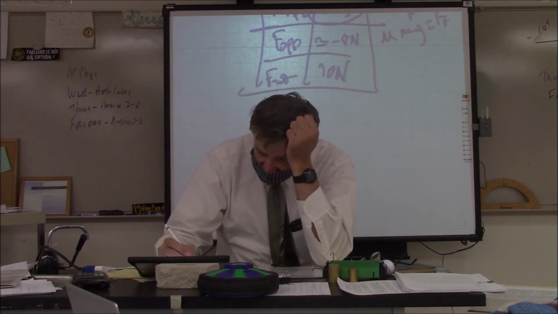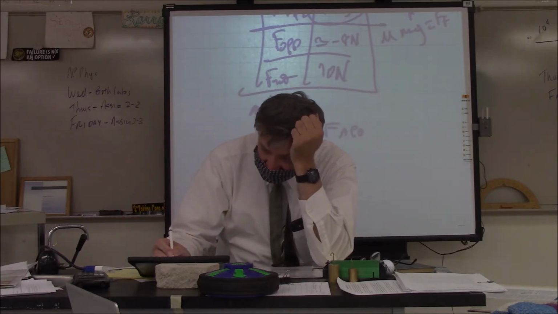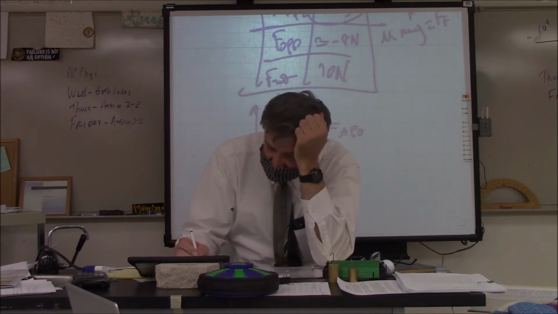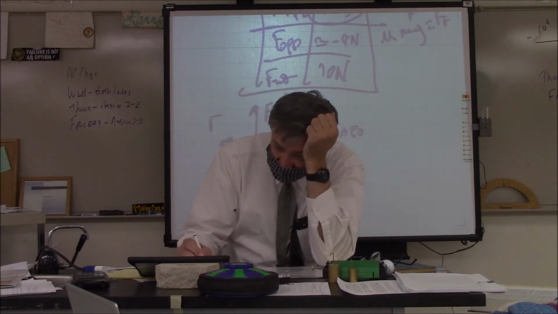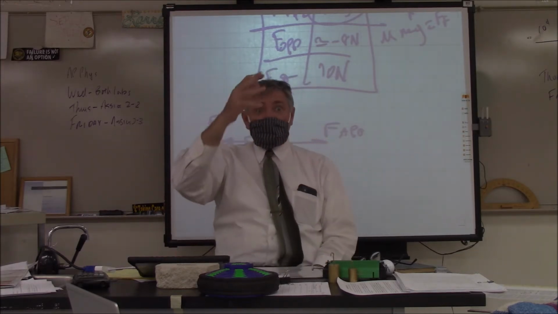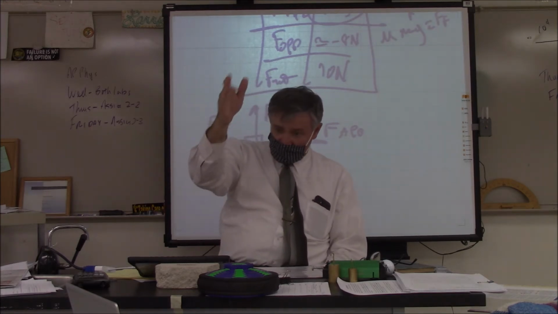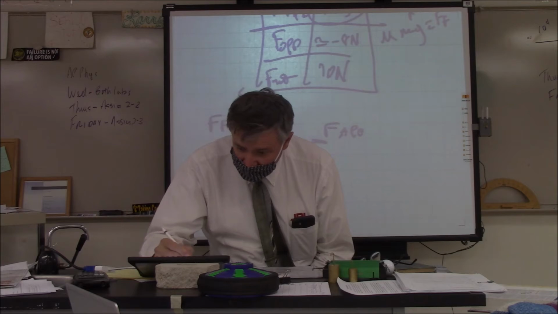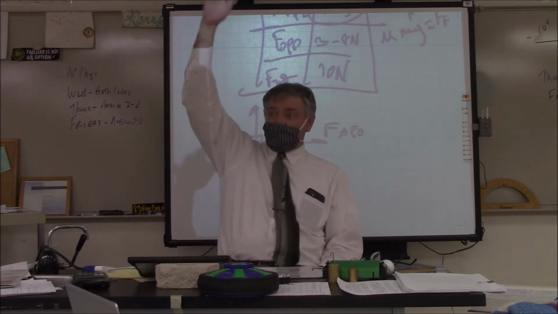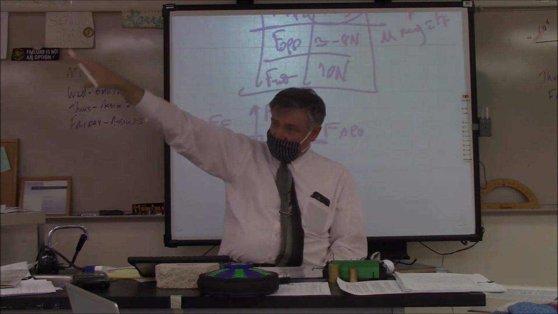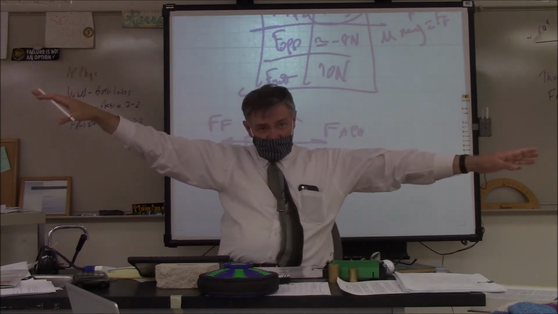So you're going to have Fg, Fn, that force applied, which is about 18 newtons, and then that frictional force, which is going to be about 8 newtons. So you're going to have Fn, Fg, I screwed that up. That's Fn. Gravity's acting down, your normal force is acting up. And you got about 18 newtons, and then you got about negative 8 newtons.